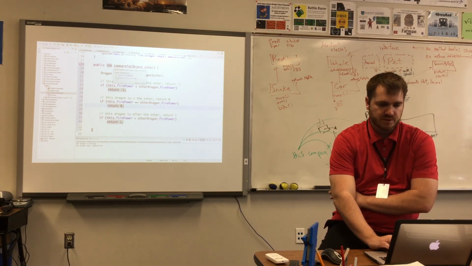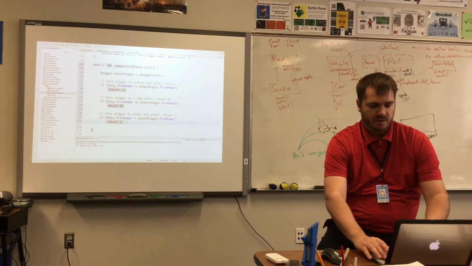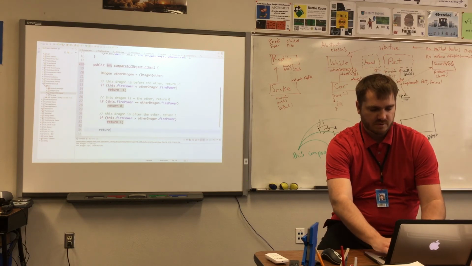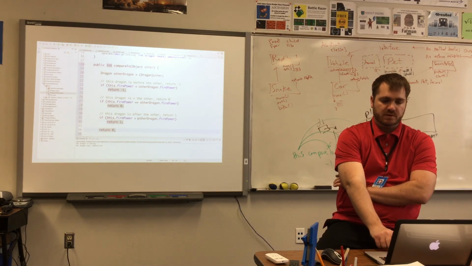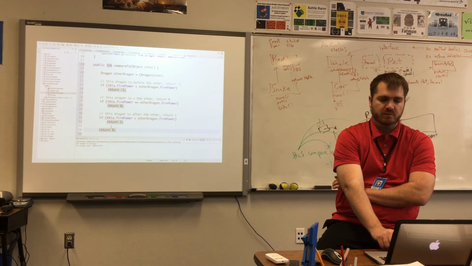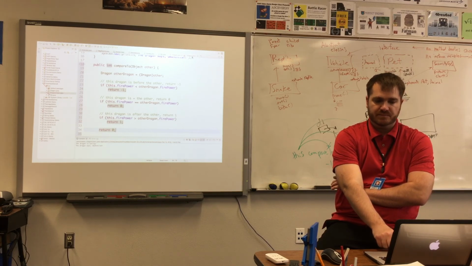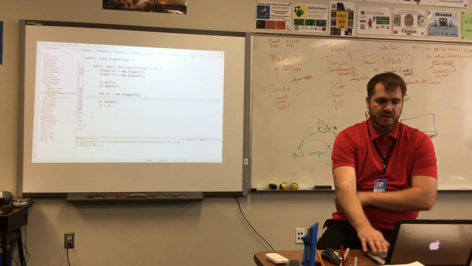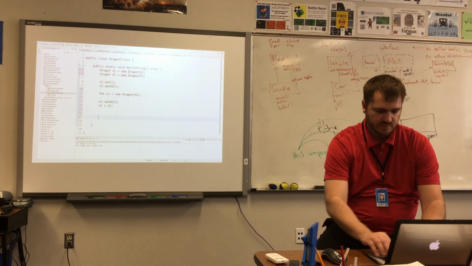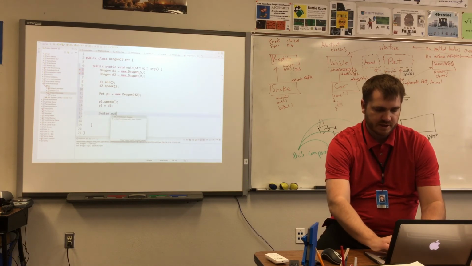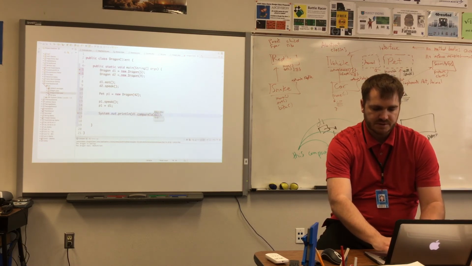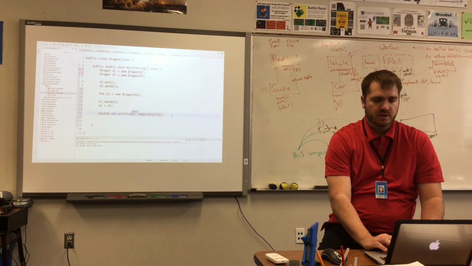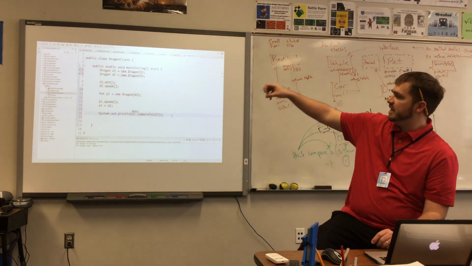This method must return, so notice I have to have something to return no matter what. I can go back here and I can do a System.out.println(d1.compareTo(d2)). Now what are we going to expect?